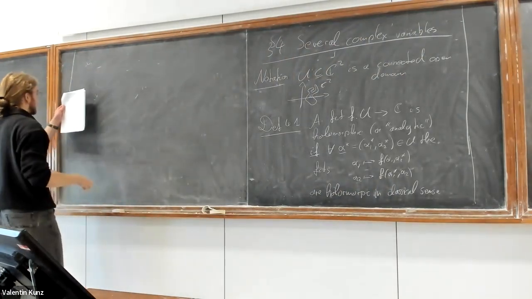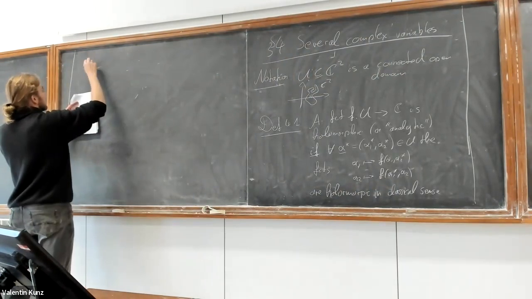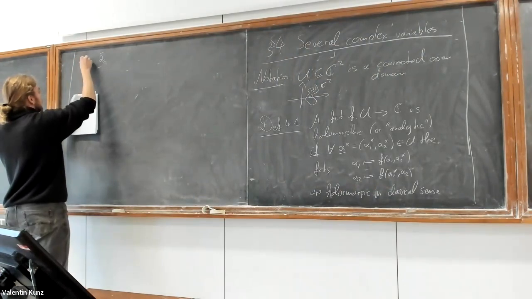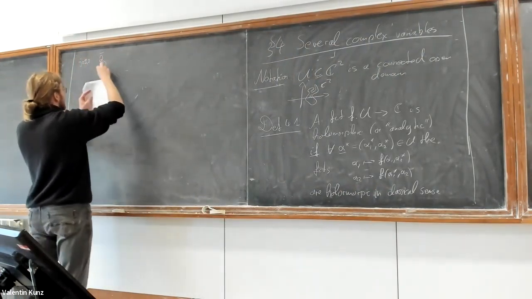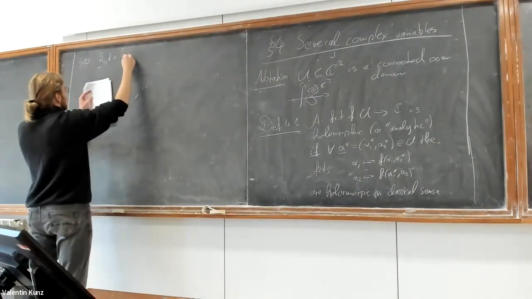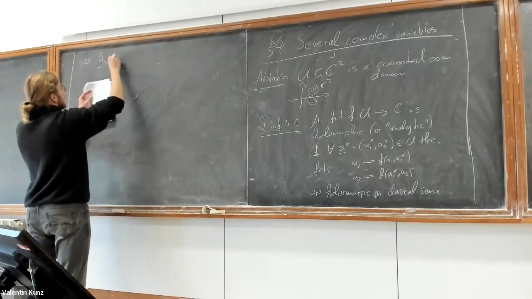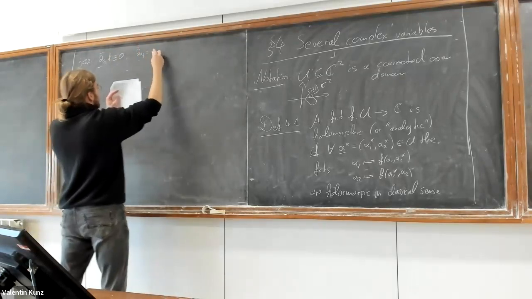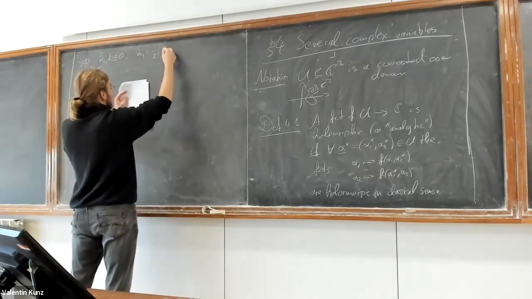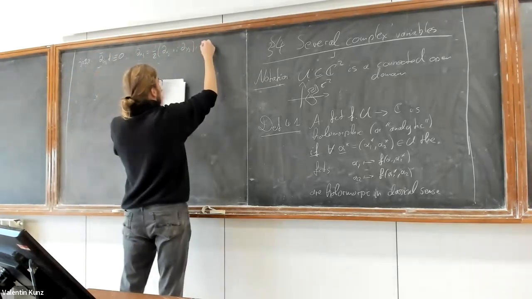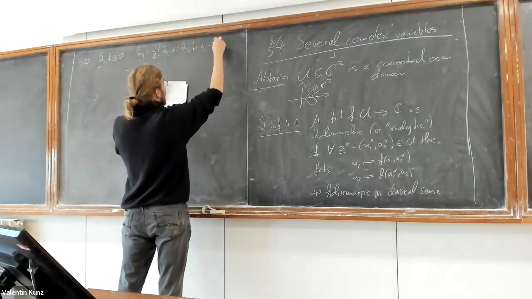So that means that for j equal to 1 or 2, we have d bar alpha j of f is equal to 0, where d bar alpha j is 1/2 (d/dx j plus i d/dy j), where alpha j is x j plus i y j.